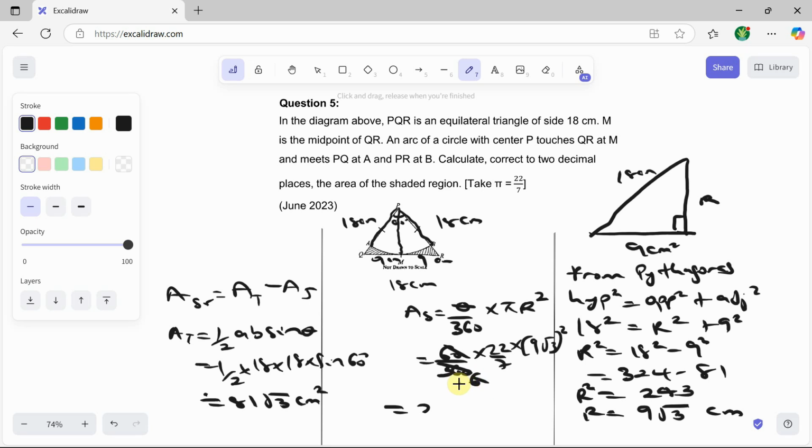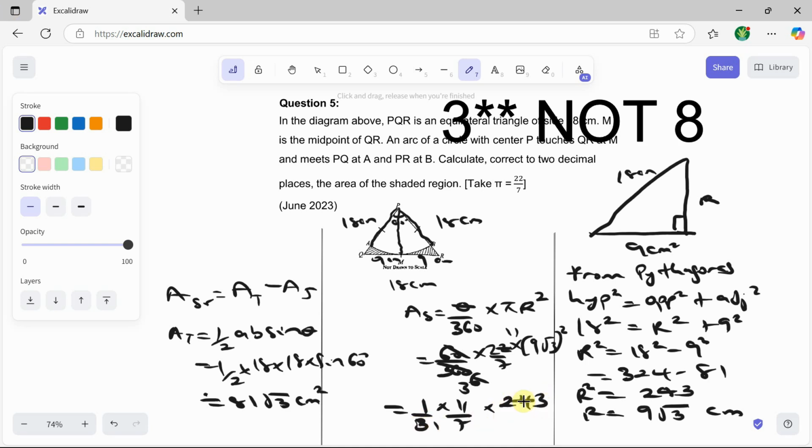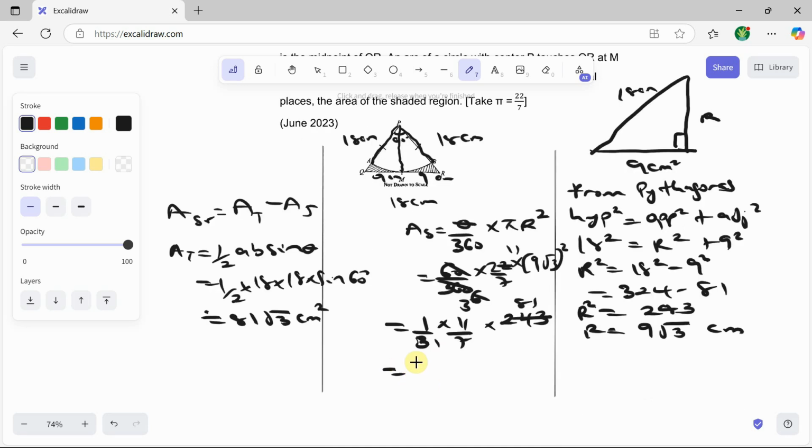I can say 2 here 3, 2 here 11. So I could say 1 over 3 times 11 over 7 times 9 root 3 all squared. That will give you 243. You could say 8 here 1, 8 here 81. So that will be 81 times 11 divided by 7, and that gives me 127.285 centimeter squared.